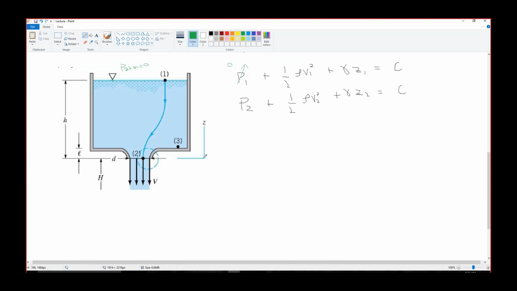What about P2? Rho gH. Now that term is already accommodated here, Abdullah, that term is already here, gamma Z2. This P2 is static pressure. Don't confuse it with the hydrostatic pressure. What about this P2?